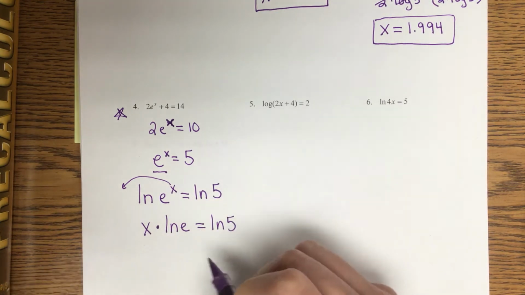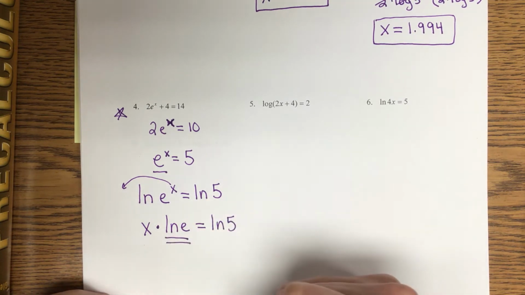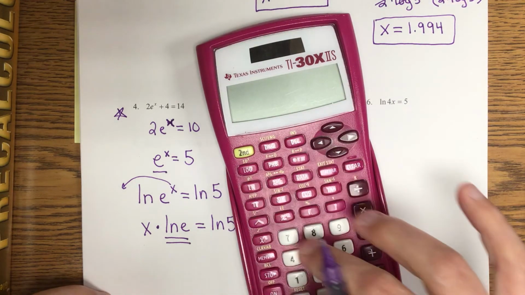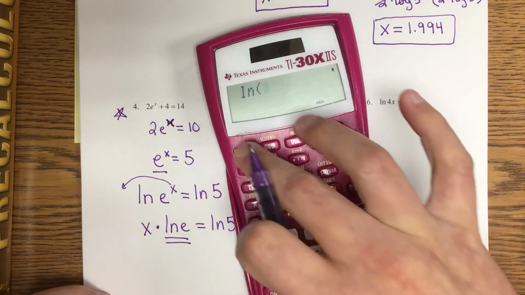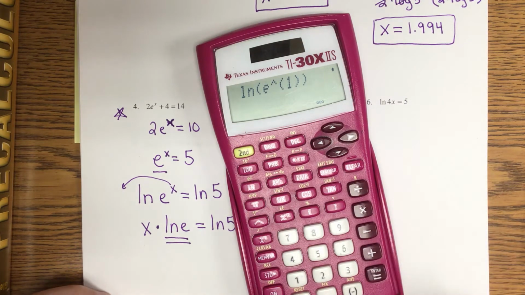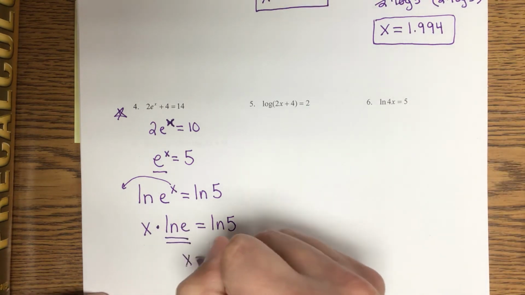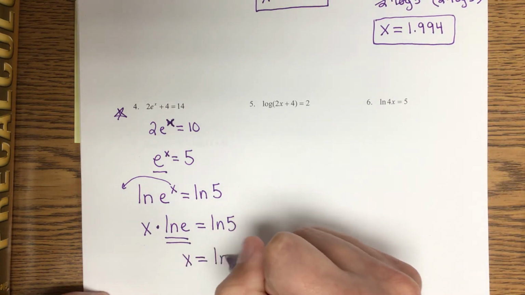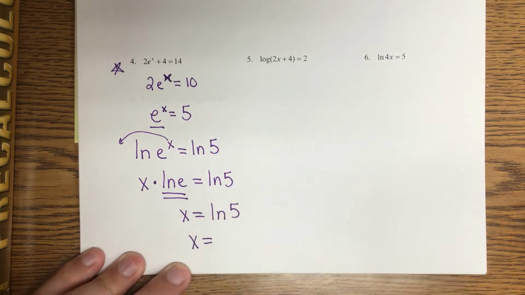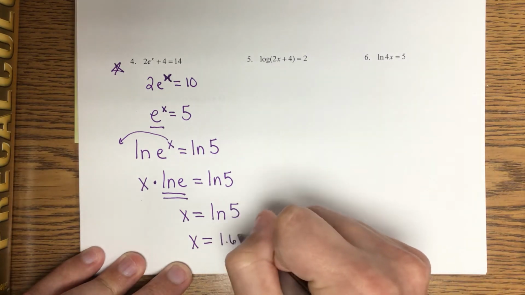And the really nice part about using the natural log is I actually know this answer already without too much work, but I'll just remind you that the natural log of e to the first power should just be 1. And there it is. So x times 1 is just x, and then you can type in the natural log of 5 into your calculator to get your final result. So the natural log of 5 is 1.609.